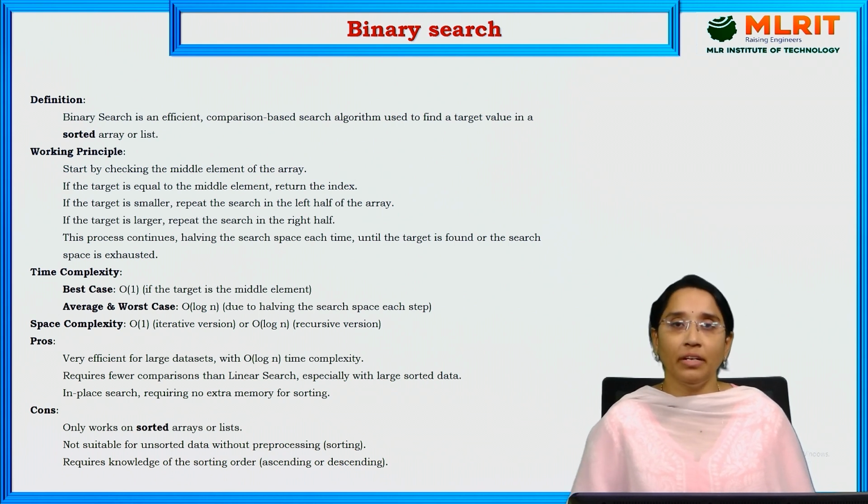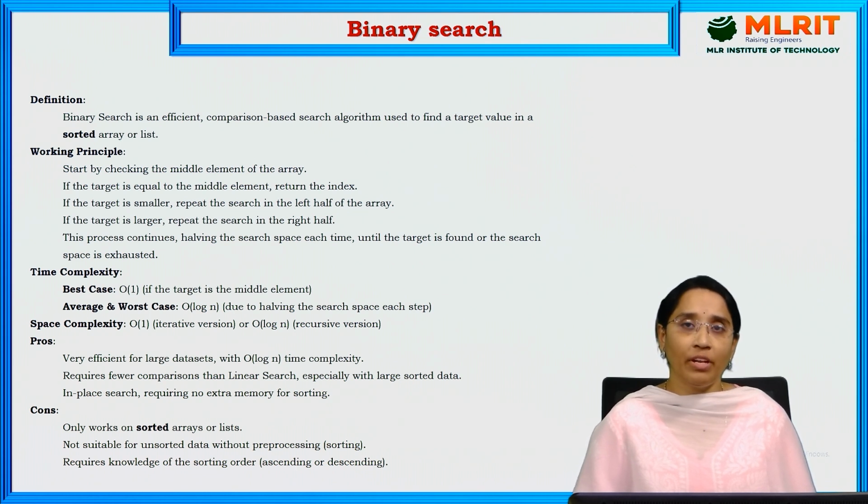What is the difference between linear search and binary search? In linear search, as we have seen in the previous example, if an array is given, you compare the key value with each and every element in the array to see whether it is present or not. Binary search is also the same: you have a key value and you search whether the element is there in the list or not. But the process you follow is different.